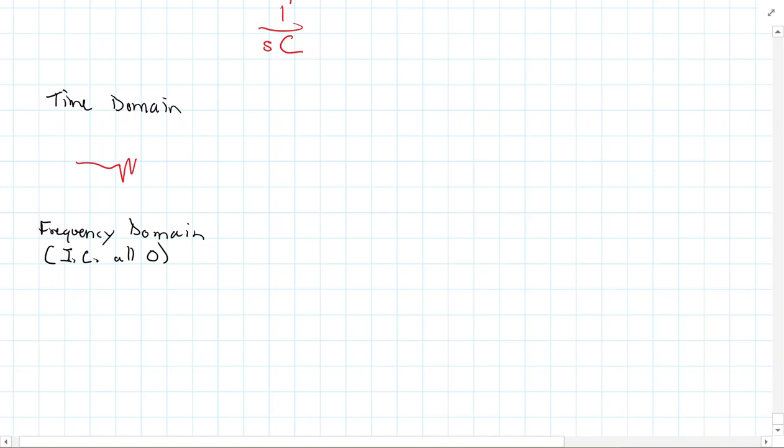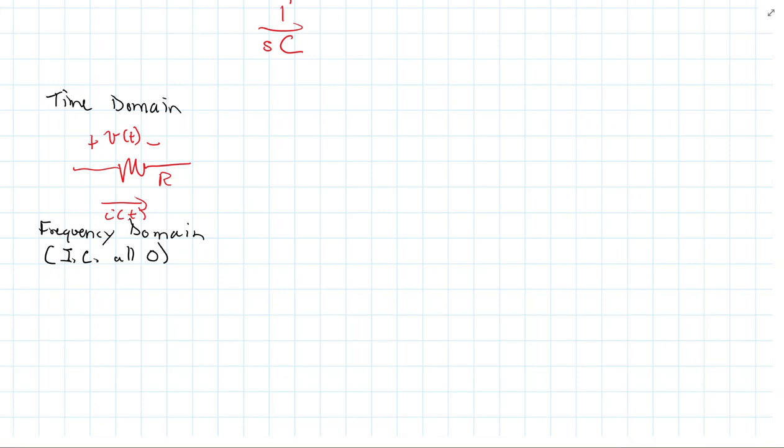a resistor here. We have plus minus V at t, a resistance, and a current I at t.